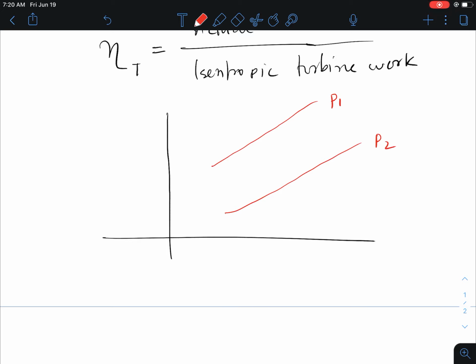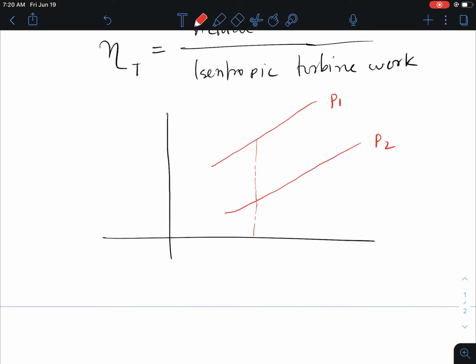Now the isentropic work done will be along this line. The entropy will remain the same. However, in the actual case, pressure doesn't change isentropically. So this is actually the ideal case, isentropic.